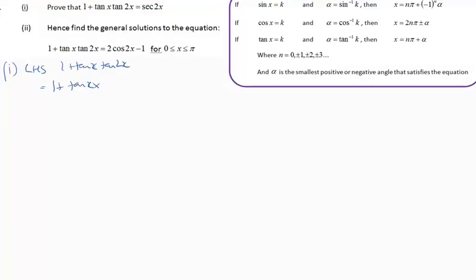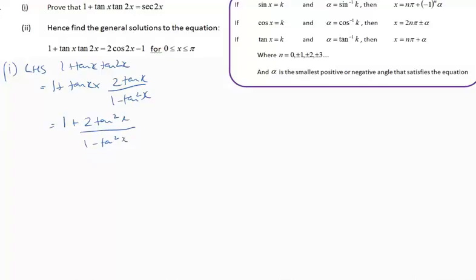So here tan of 2x is equal to 2 tan x on 1 minus tan squared x here. So here it becomes 1 plus 2 tan squared x, we multiply our tan here, 1 minus tan squared x.